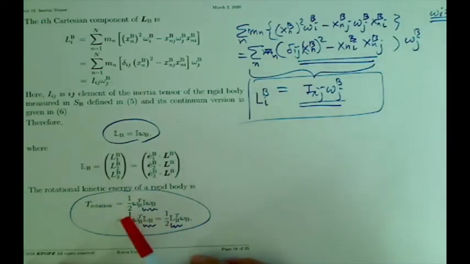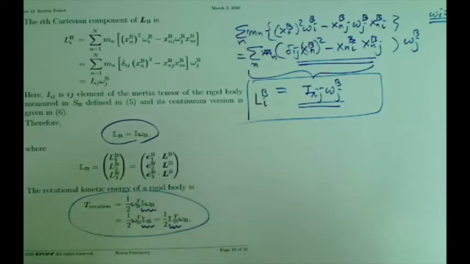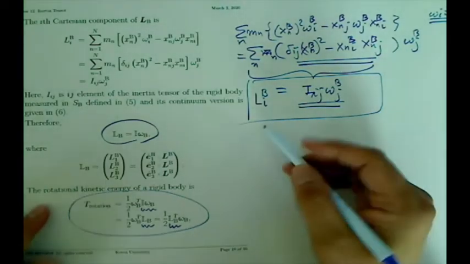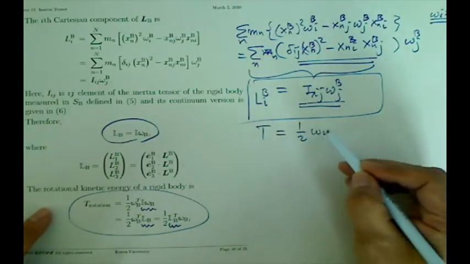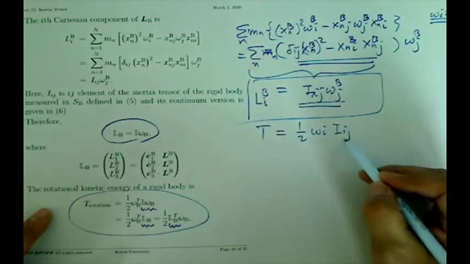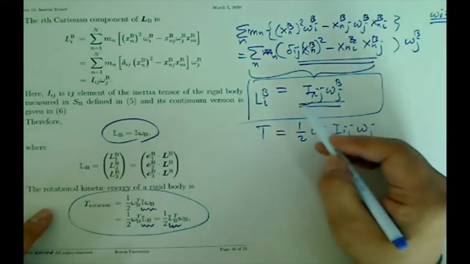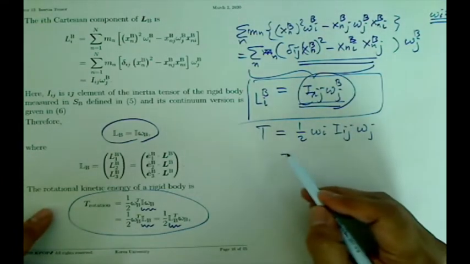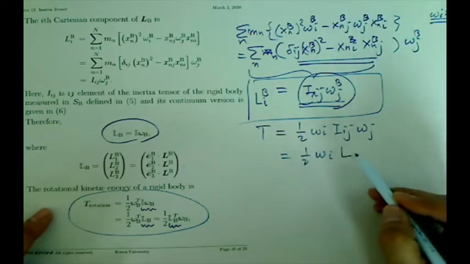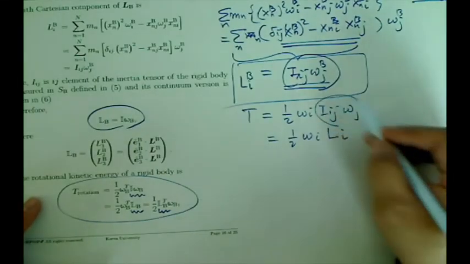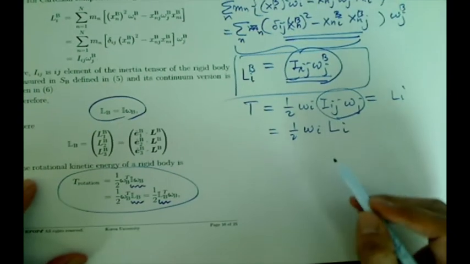In addition, the rotational kinetic energy can be written in the following form. We recall that the rotational kinetic energy was 1/2 omega_i I_ij omega_j. If I make use of this, it is 1/2 omega_i L_i. This one is L_i, right?